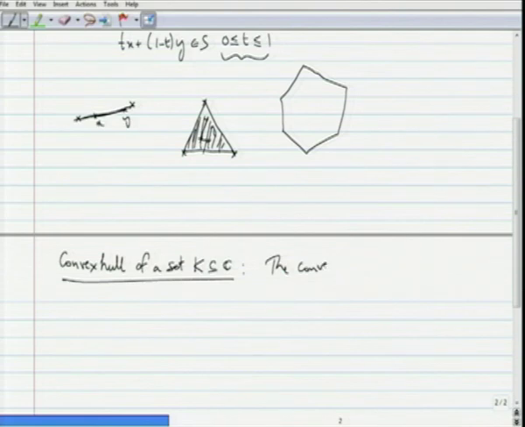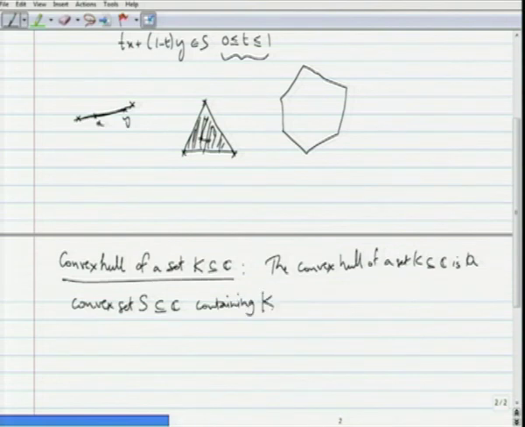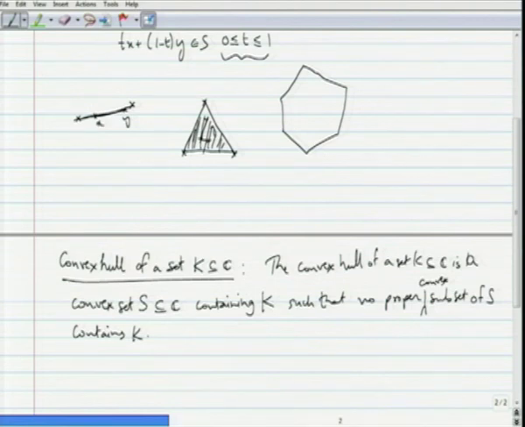The convex hull of a set K contained in C is a convex set S contained in C, containing K. So, it contains K. Not only that, it is such that no proper convex subset of S contains K.